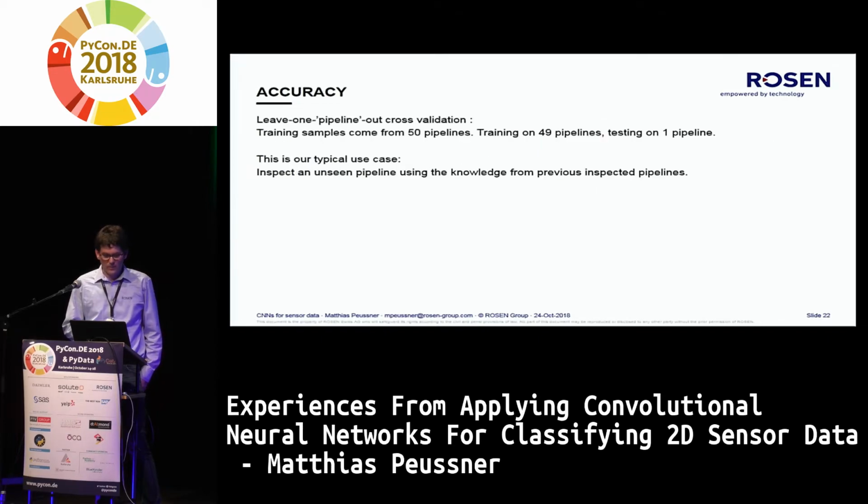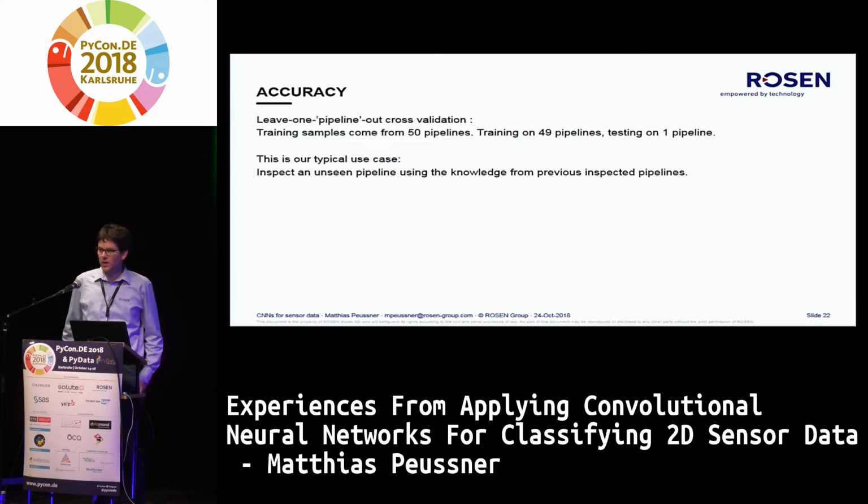Another verification I did was a cross-validation, which I call leave-one-pipeline-out cross-validation. So I had 840,000 samples from 50 different pipelines. I trained on 49 and tested on the other pipeline. And this is more or less the typical case we are facing.